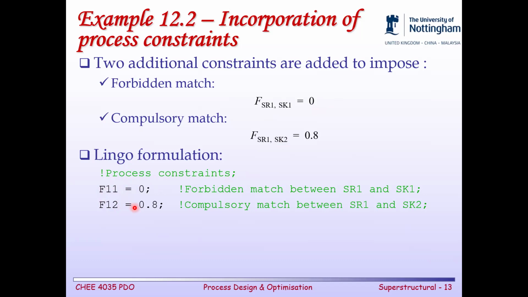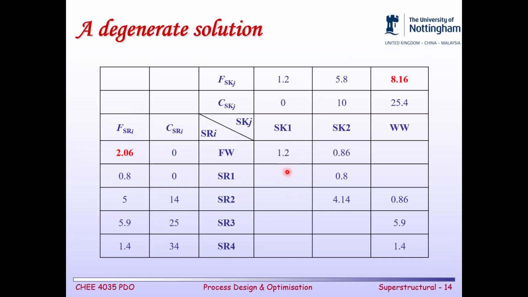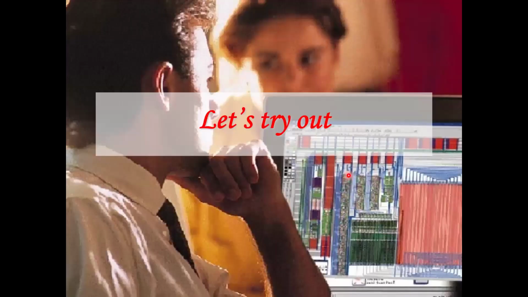If you're not using sets, just add this to forbid the connection between source 1 and sink 1 and force the connection between source 1 and sink 2. After doing that, you will notice that the 0.8 here is transferred to the connection between source 1 and sink 2.